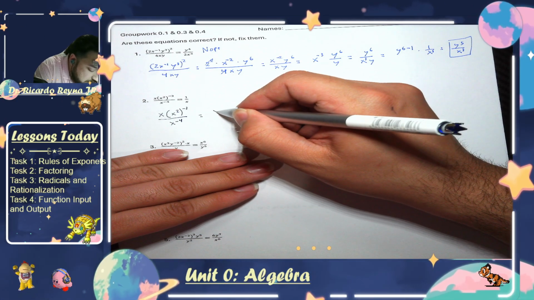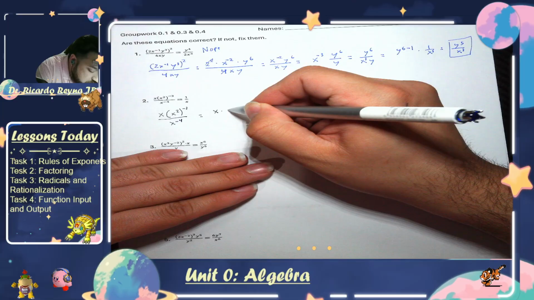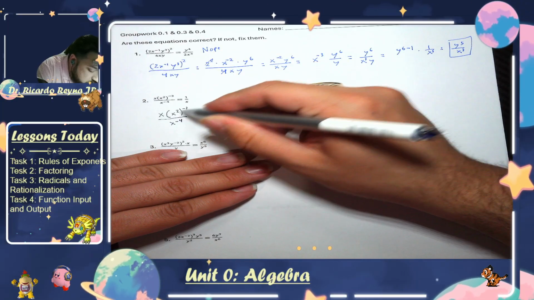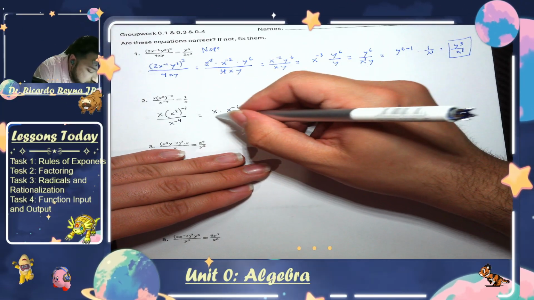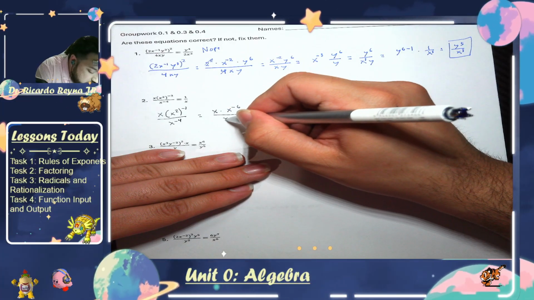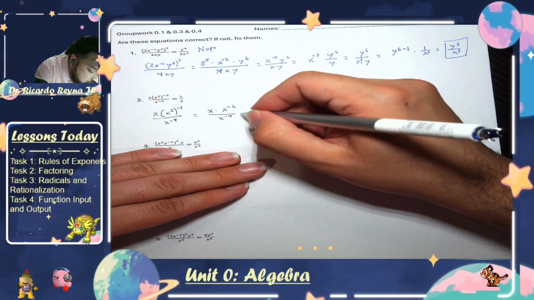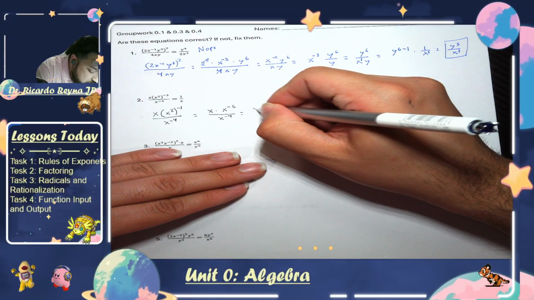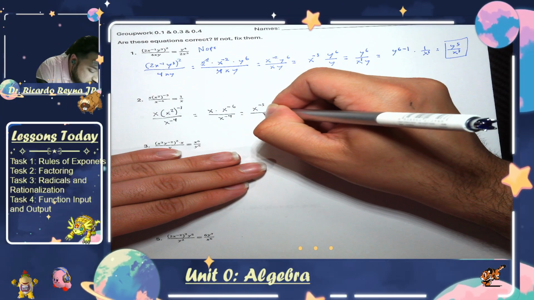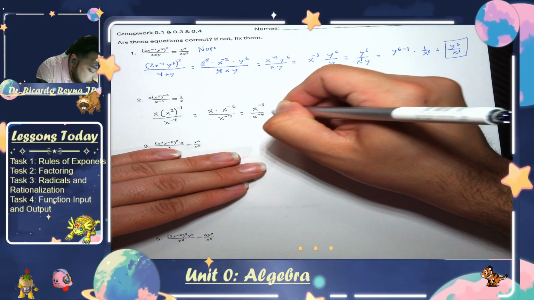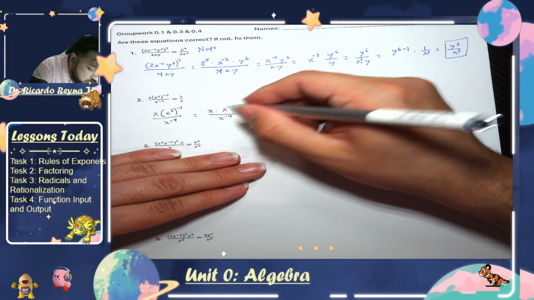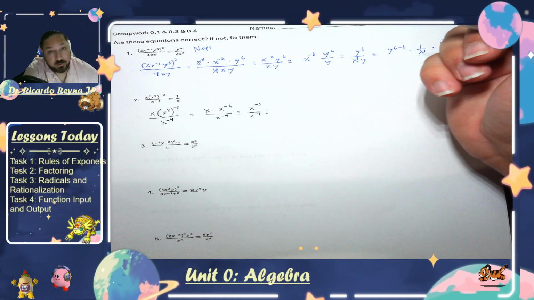We have x times x to the negative 6, since 2 times negative 3 is negative 6, over x to the negative 4, and then we're going to add those. So we have x to the negative 5 over x to the negative 4, since 1 plus negative 6 is negative 5.